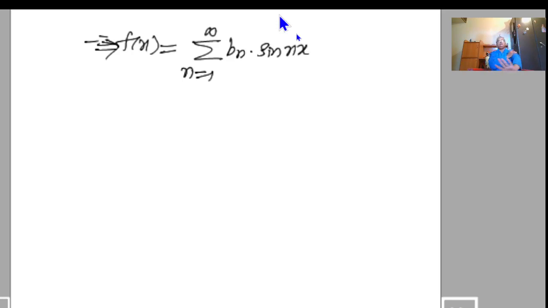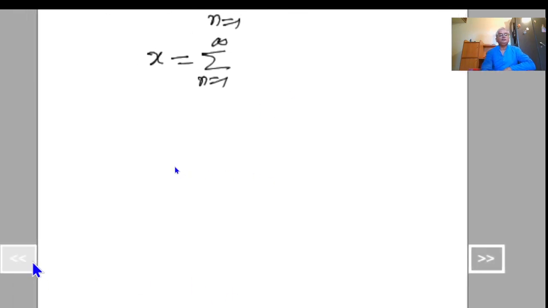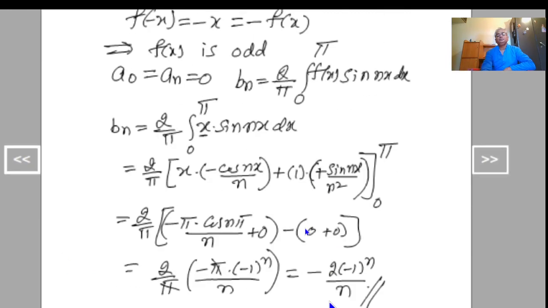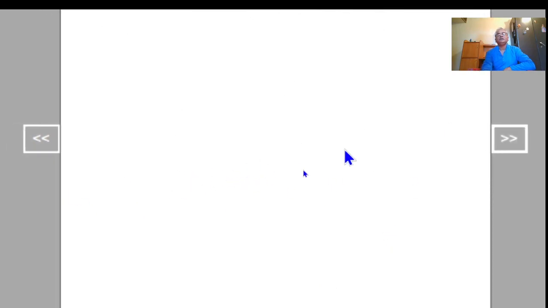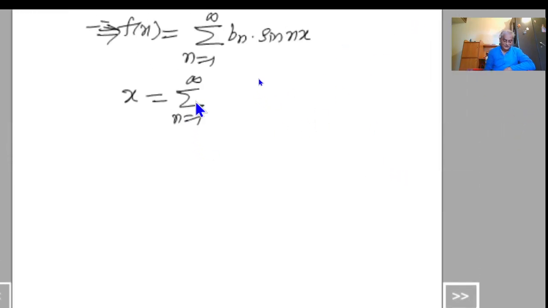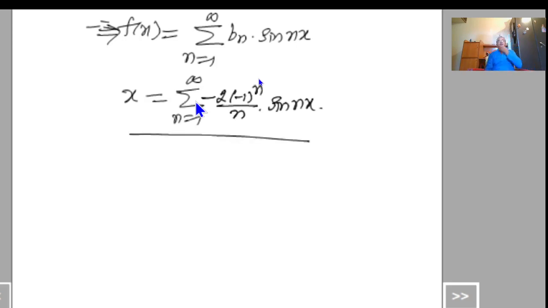This is our f of x. What is my f of x? f of x is x. This is equal to sigma n from 1 to infinity. What is bn? bn is this, minus 2 into minus 1 to the power of n divided by n, into sin of n x. So this is the required Fourier series.